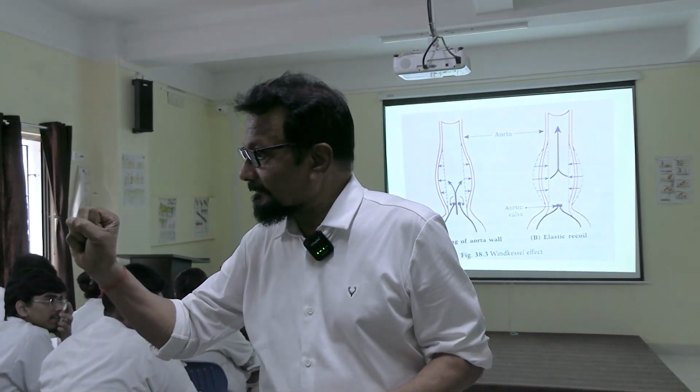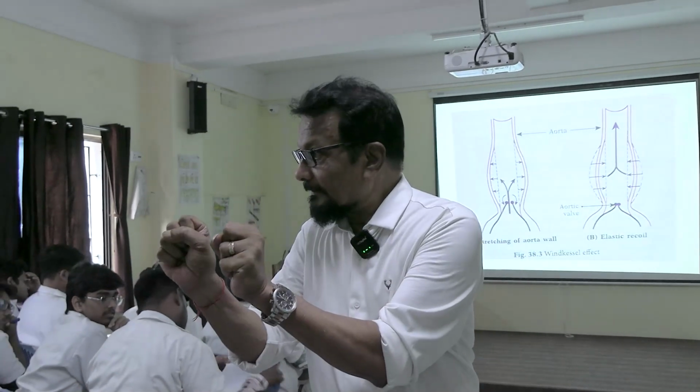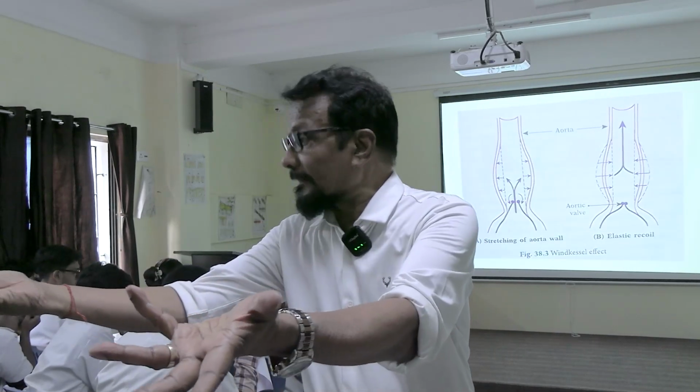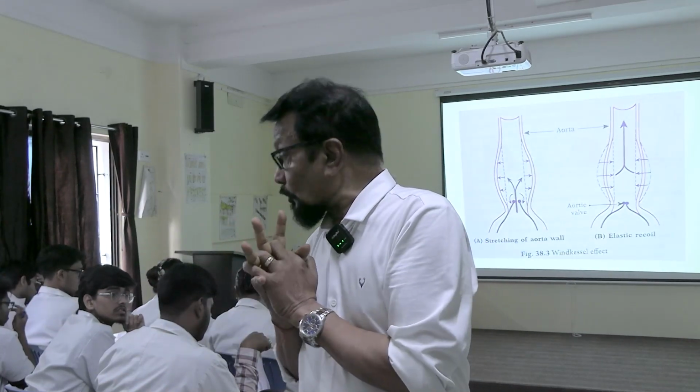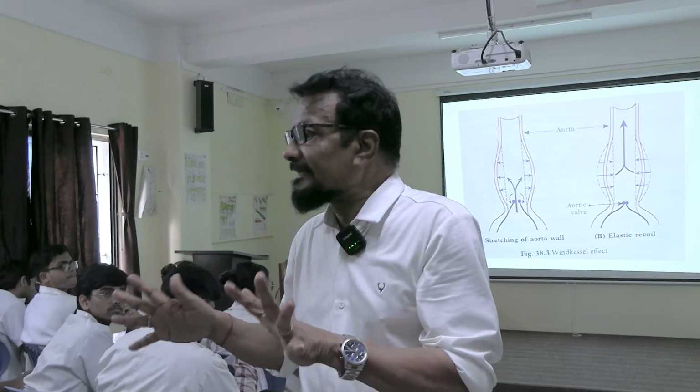Every ventricle is ejecting a certain amount of blood into its corresponding blood vessel. This amount of blood is called stroke volume, and normally it is 70 ml.